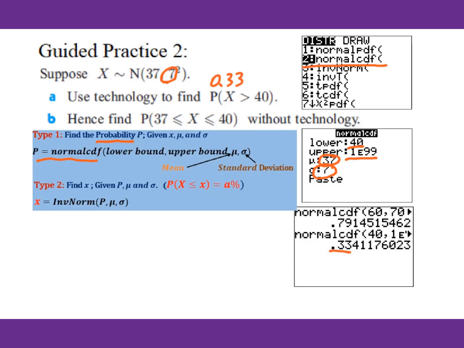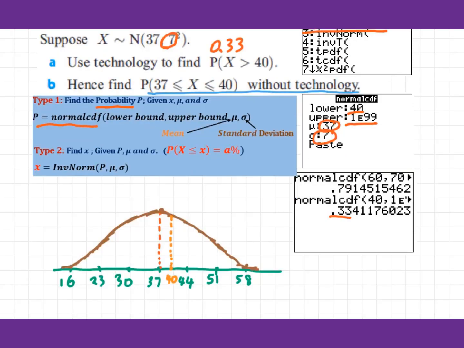For B, hence find the probability that X is greater than or equal to 37 and less than or equal to 40 without technology. Without technology, you have to sketch the graph first. So I sketched this graph already. I label this as your mean plus 3 sigma.